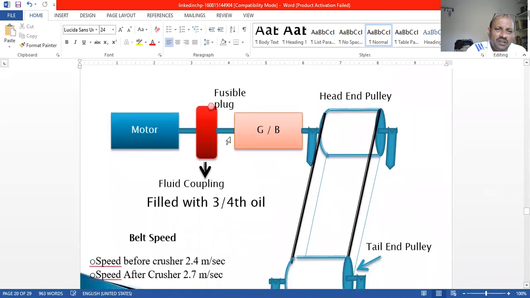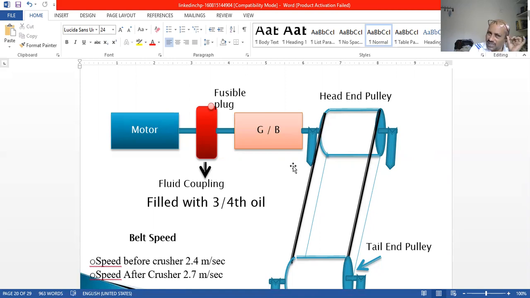Next, this coupling is coupled with a fluid coupling, meaning another gear drive will be there. That fluid coupling is also called a torque converter. Okay. Generally the speed will be 2.4 meters per second, and after that 2.7 meters per second.